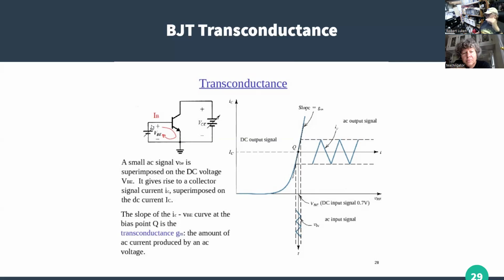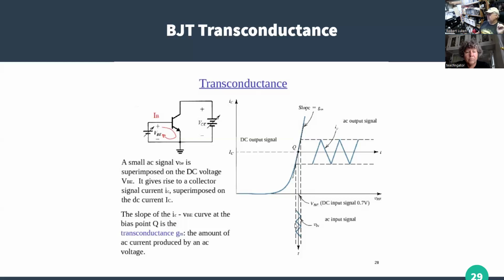So we vary that input voltage. It's still enough to conduct. And the current through the collector to the emitter is going to be along this line. We call that the load line. And you can see that it's a much greater signal than what we put in.